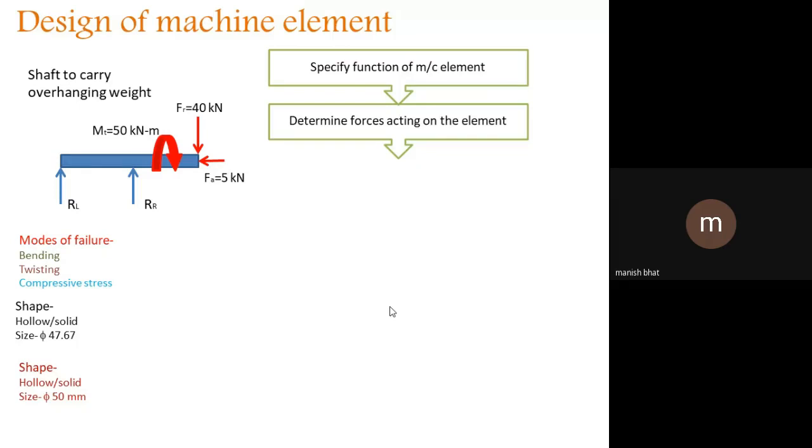Okay, Sarthak says 3 forces acting. Okay, what are the other comments? How many forces are acting on this machine element, the shaft? Do you agree with Sarthak? Only a single person is replying. Okay, someone says 2 forces are acting.